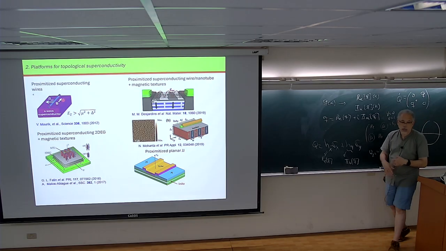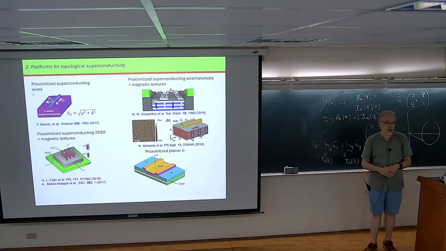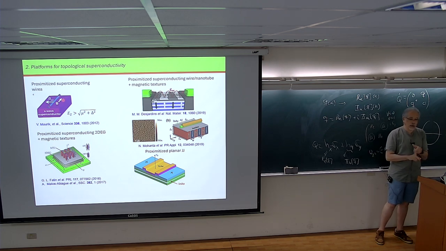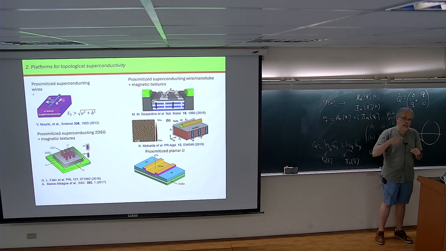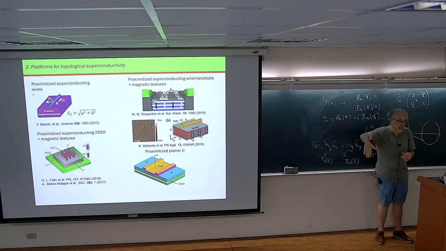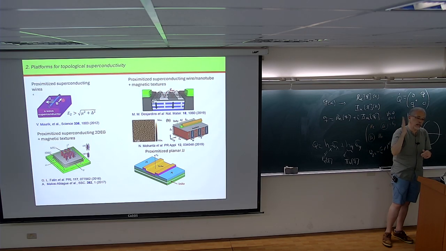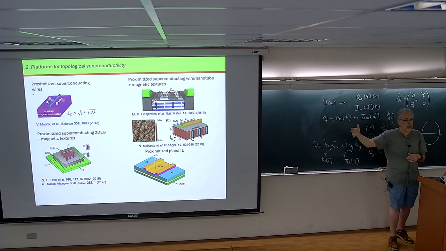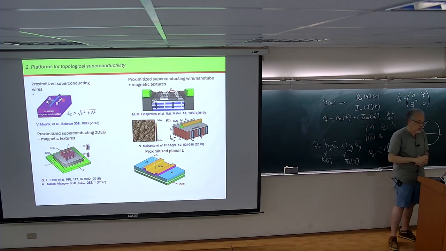So this was, I think, the first experiment, and you may not actually need magnetic fields. You can use magnetic textures, actually. A magnetic texture is something good because it actually gives the two things. They give you the spin splitting, and they give you also a sort of spin orbit. So if the texture is rotating, or it's half a helix, the spin also will be rotating, so it plays a little bit the role of a spin orbit coupling.